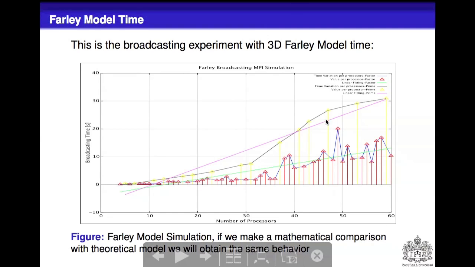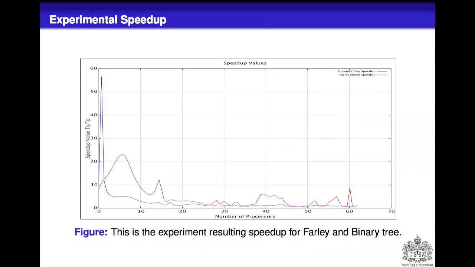And this is the Farley model. As you can see, it's linear in terms of approximation. The prime numbers represent a worse case or worse threshold, and the composite numbers represent a lower case. Then you could have a behavior similar to the theoretical estimation that was explained previously.